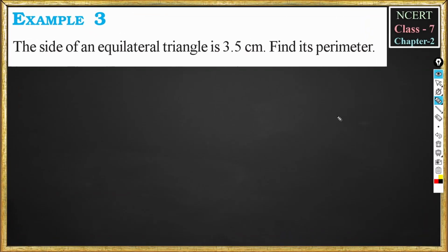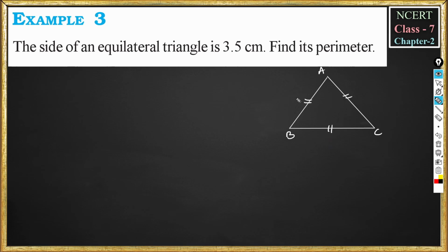Example 3. The side of an equilateral triangle is 3.5 centimeters. Find its perimeter. There is an equilateral triangle. Let this triangle be A, B and C. Equilateral triangle means the sides of the triangle are equal.